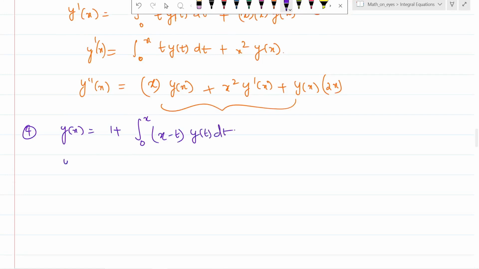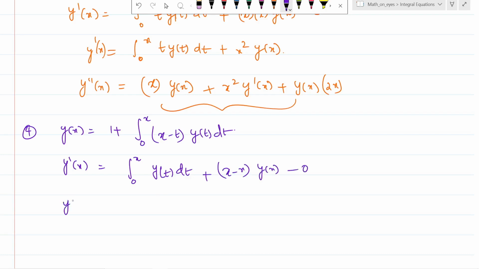Here we have y'(x) is equal to integral 0 to x. When you take the derivative of x minus t, we have simply y(t) dt, because the derivative of x will give you 1 and the derivative of t will vanish. So we get 1 into y(t) dt, plus the upper part will give you (x minus x) into y(x), and then the lower will give you minus 0.